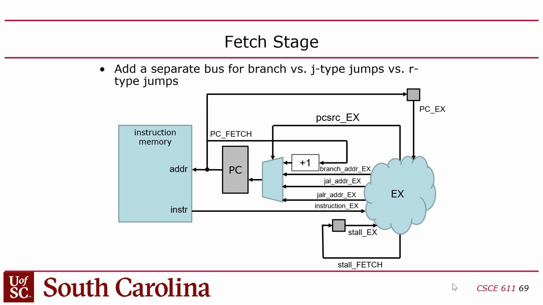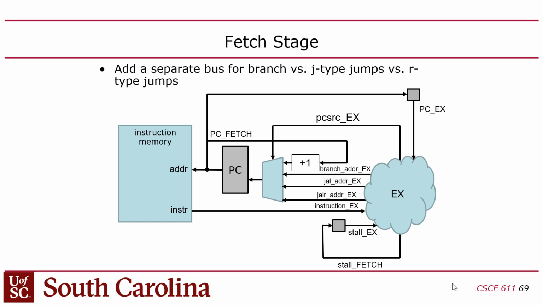They do in ARM. ARM has branch and link, but RISC-V and MIPS only have jump and link. Okay, so when the jump and link is in the execute stage, we want to save PC fetch, meaning the next PC, not the current, but the next PC, right?